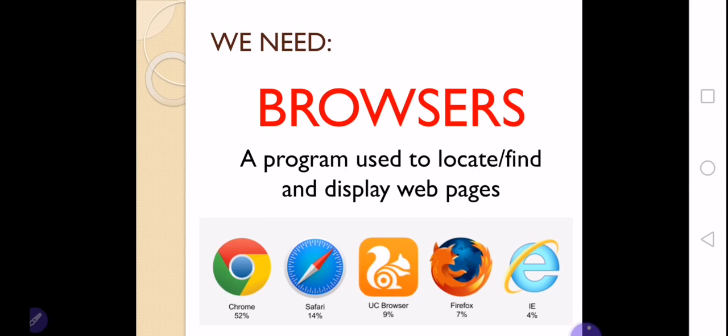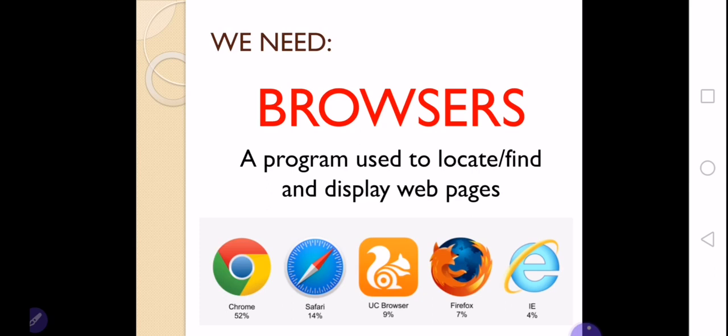So if I ask you to open a website on your computer, what do you basically open first? You go to maybe Google Chrome or Internet Explorer or Firefox. You first open some application, and then type in the address of the website to open it, to see it, to view it.